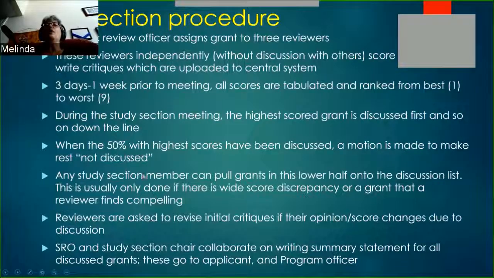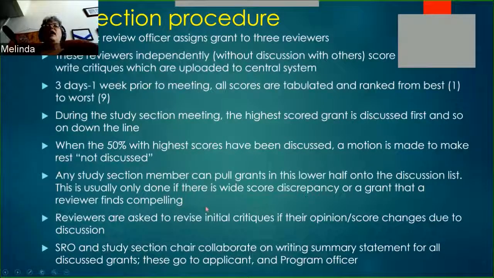This is almost always done when there's a wide score discrepancy, for instance, if one person gives the grant a 1 and another gives the grant a 6. Sometimes it's also done if there's a grant that has particularly compelling ideas.